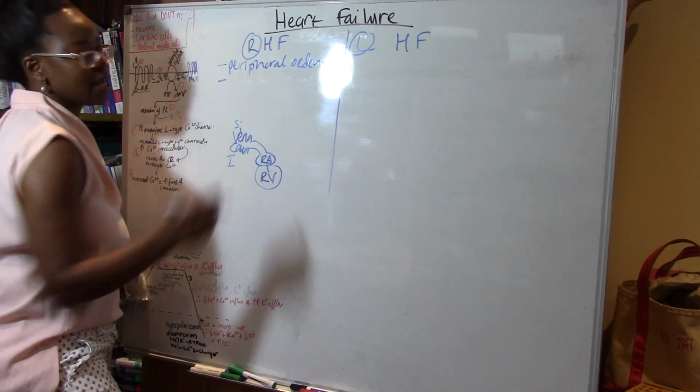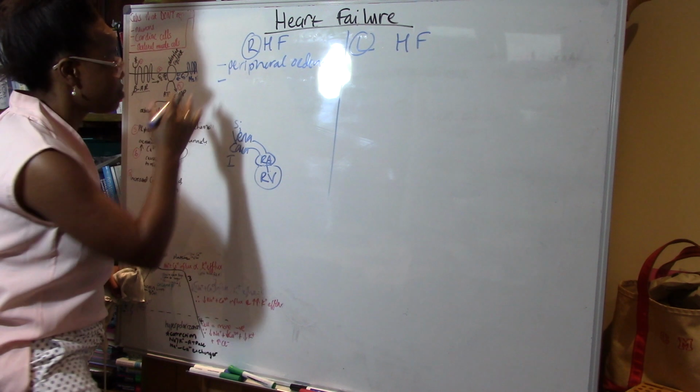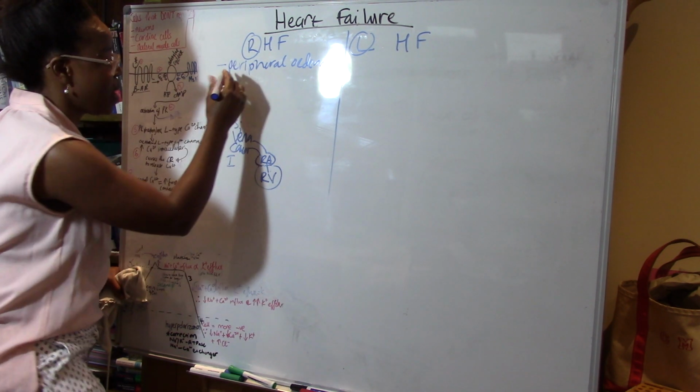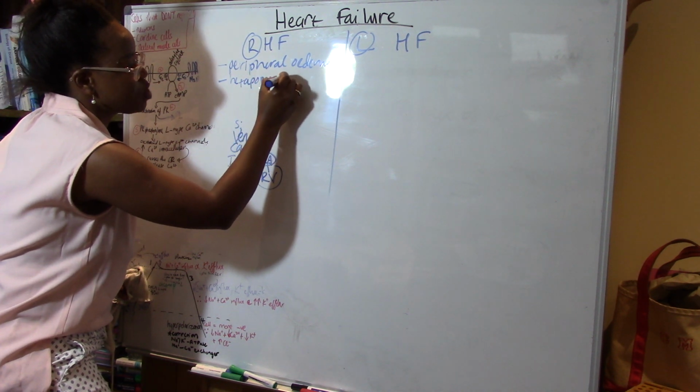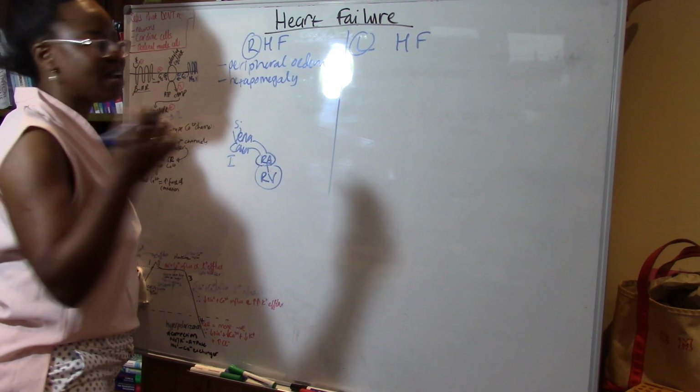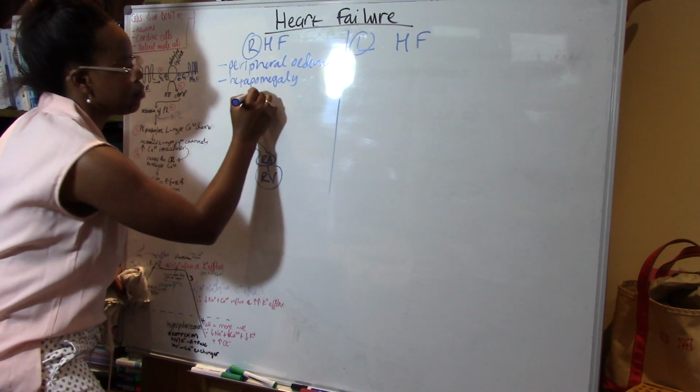We'll also see things like ascites in the liver and hepatomegaly. And hepatomegaly in these people will present as right-sided discomfort.